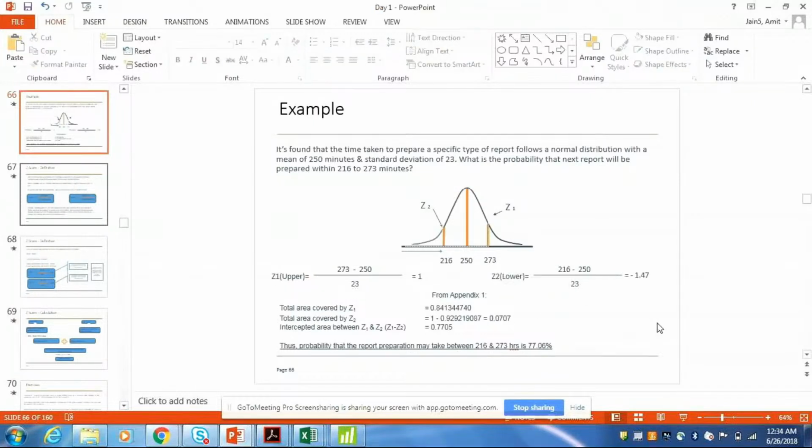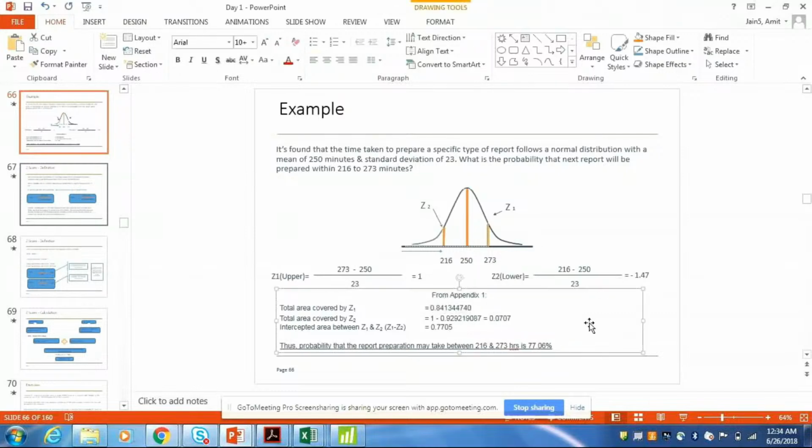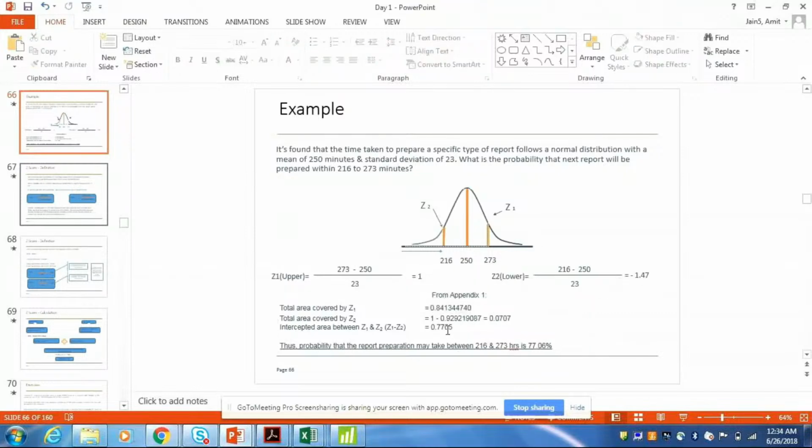So 0.841 minus 0.0707 gives us 0.7705, which is 77.05%.